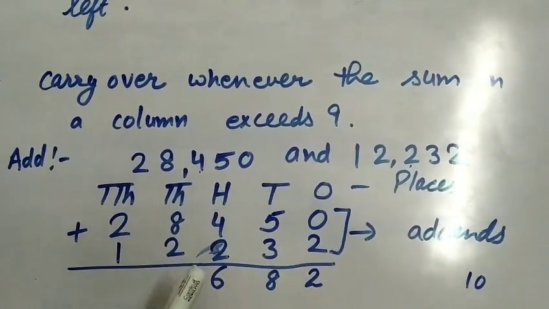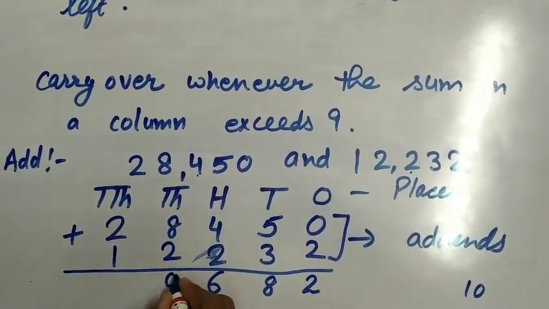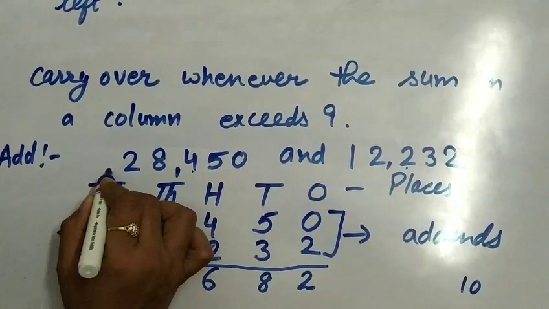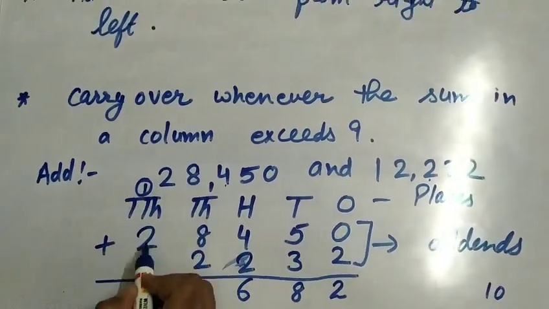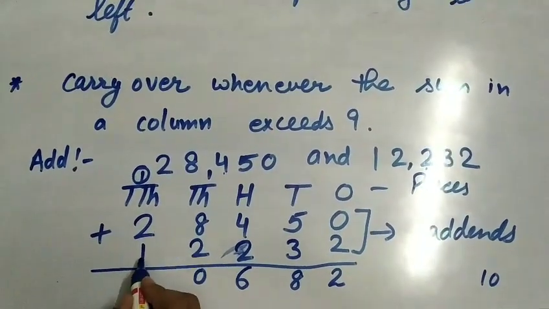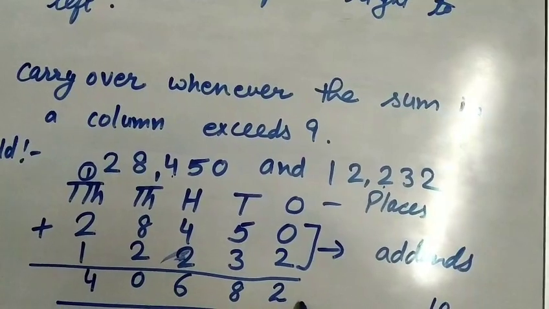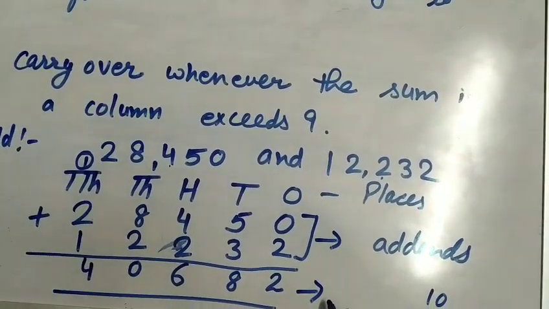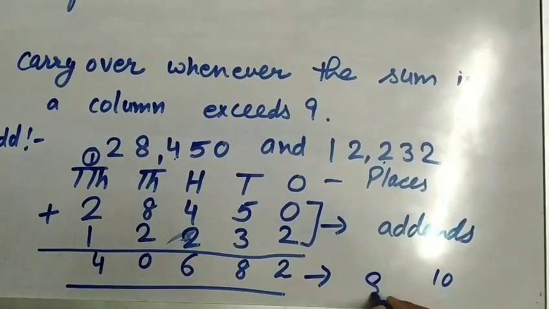It means here we will write 0 under the thousands column and carry 1 over to the 10,000 place. Then 1 and 2, 3. 3 and 1, 4. This is your answer, and the answer of an addition operation is called the sum.